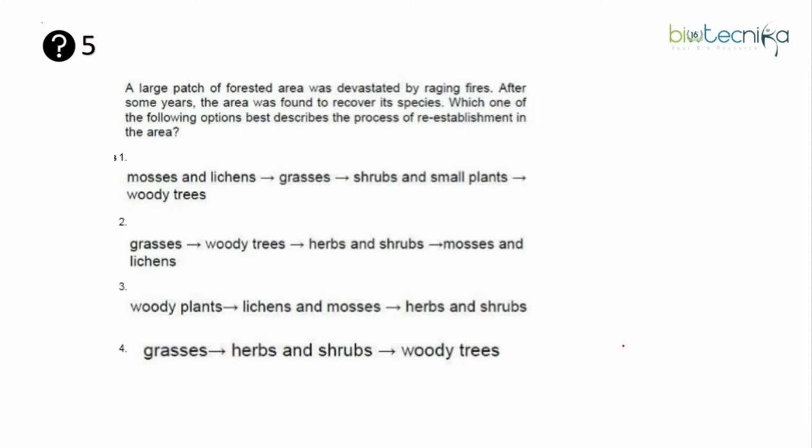Which chapter? This is from succession. So in that chapter, you have studied primary succession and secondary succession. So this is a question based on what?